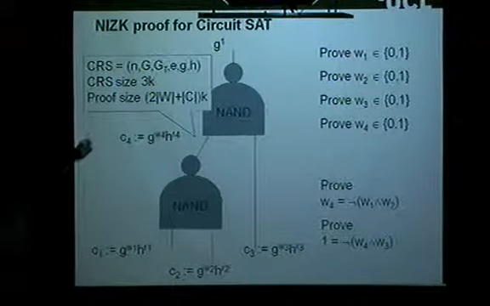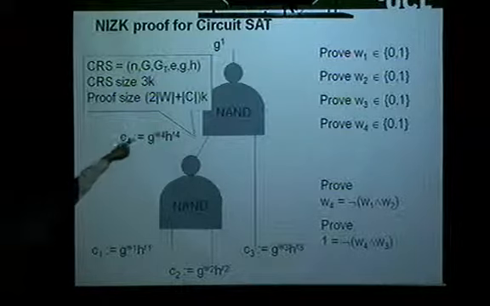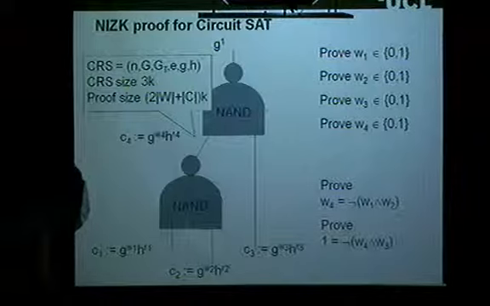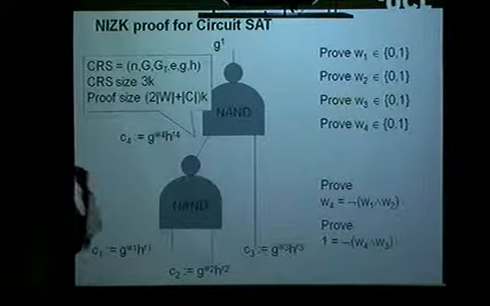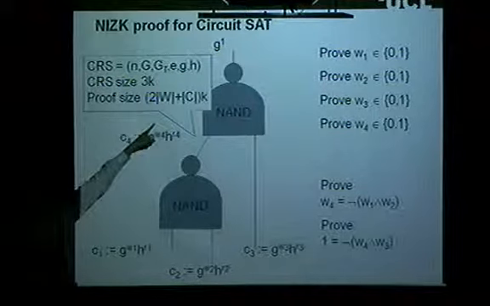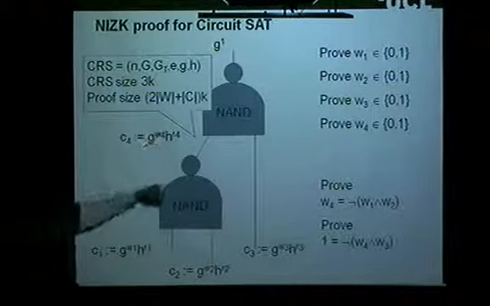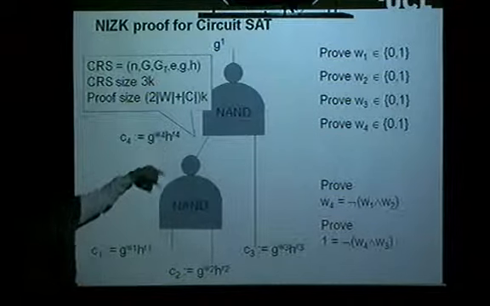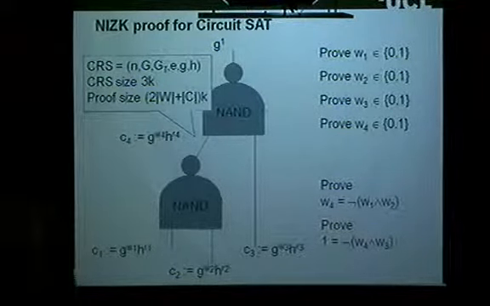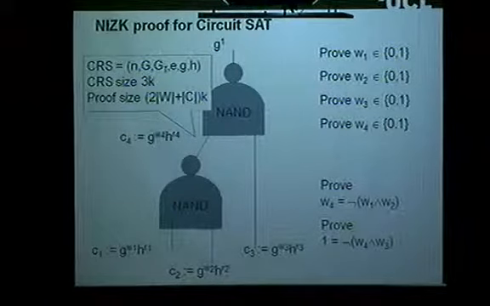And the proof size, well, for every wire we have to make one commitment, that's one group element. We have to give a proof that it contains 0 or 1, that's one more group element. So we make 2 group elements for each wire. And then we have to give a proof for each NAND gate that it's being respected. So we have 1 group element per gate. Okay? So that's the complexity of a non-interactive zero-knowledge proof.